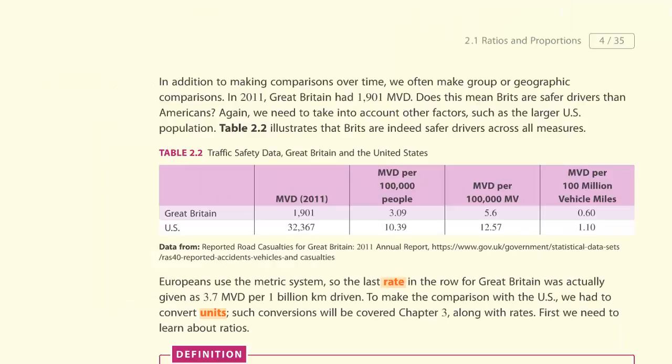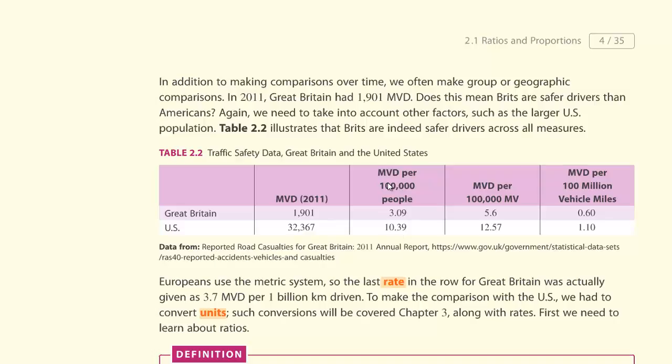One other example is this one where we're looking at these motor vehicle deaths. So this is numbers, right? This is just raw numbers. And then this is per 100,000 people. So now these numbers have been basically divided by the population and then normalized for however many in 100,000.